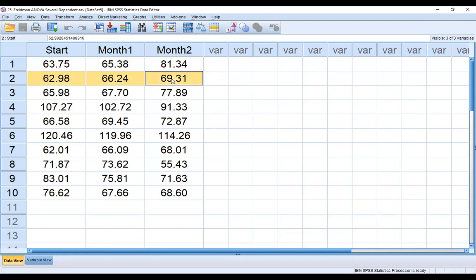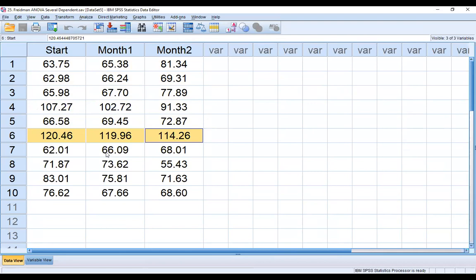We can see the weight is increasing, but some participants' weight is decreasing also. But when we see the overall data, we can say this diet plan is not working because weight is not significantly decreasing.